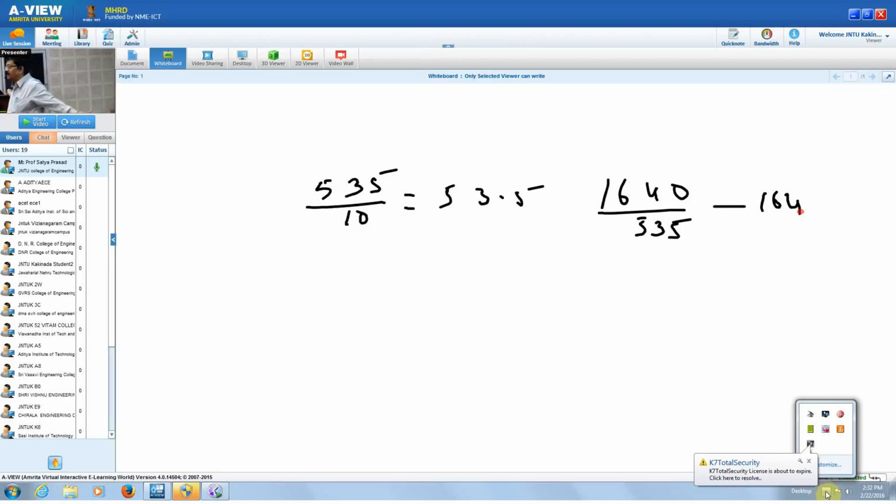At the lower limit, you have 53.5, which is no problem, but at the higher end we require a Q value of 164.